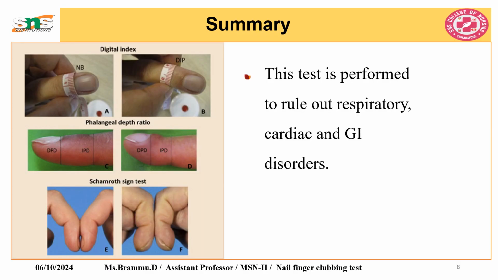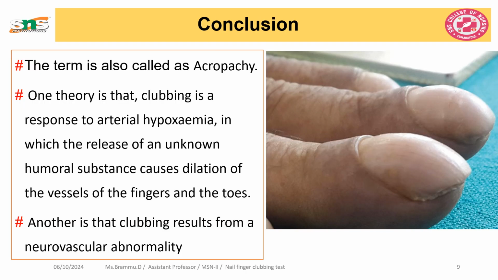To summarize, this test is performed to rule out respiratory, cardiac and GI disorders. So either we go for the lateral diameter or the anteroposterior diameter, or the size of the phalanges, and you can go for the Shamroth sign test. To conclude, we can also call this condition acropachy.